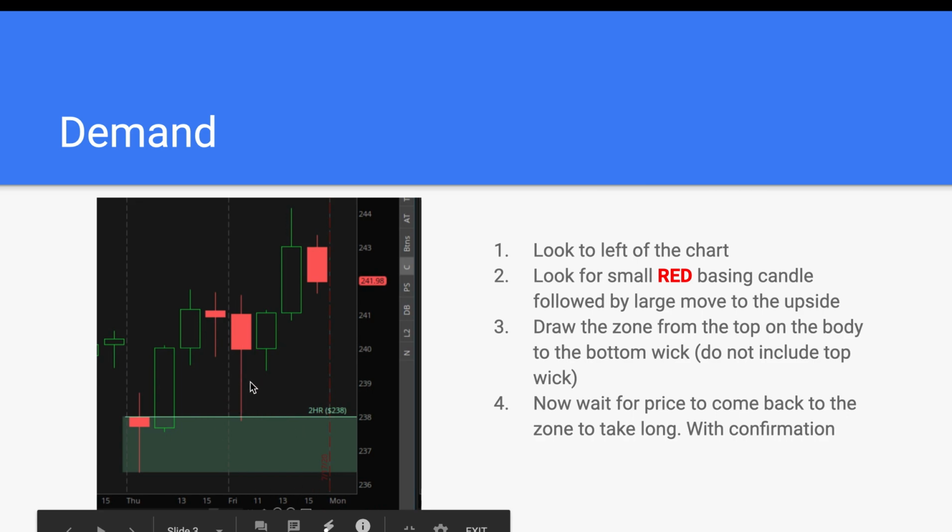Typically, if you have it on a smaller time frame, say this rallied down, it fell all the way down to 237, and then we started to rally up, and you saw that we had buyers stepping in, and you felt comfortable taking this long, that we were going to get a move up, then you could have taken it long at 237, and then had your stop below the low of the day.